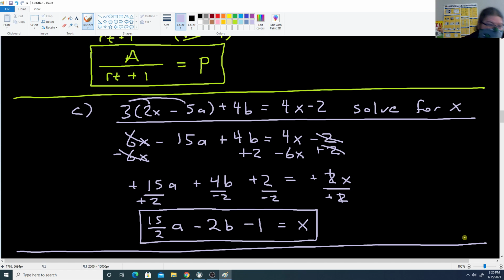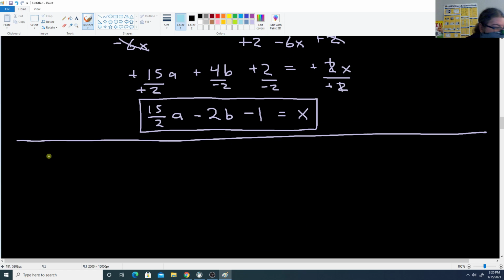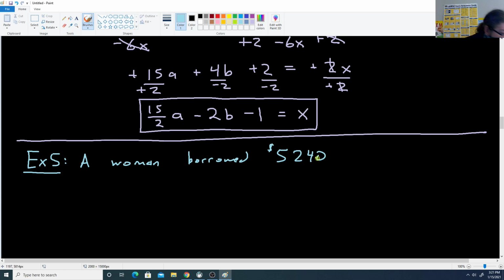So, final equation from your book. I'm going to get this last one done for section 1.1. We have a woman who borrowed $5,240 for new furniture.